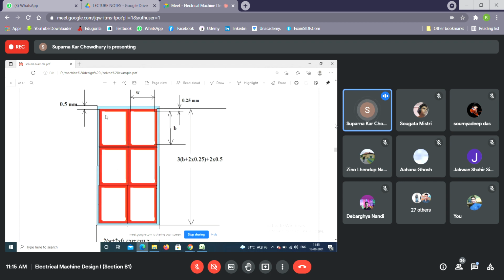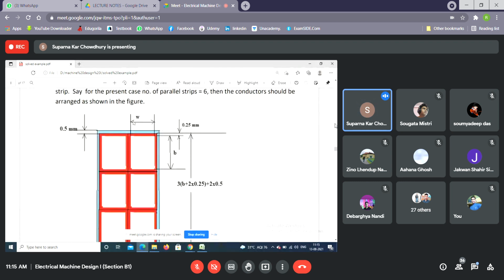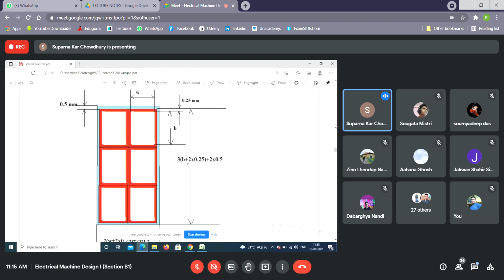So when we calculate the height and width of the composite conductor, here you can see that B is the height of individual conductor, and this W is the width. So I have shown here, this is W and this is B. Now the height of composite conductor will be B plus 2 into 0.25. So 0.25 is the thickness of this paper insulation. So B plus 2 into 0.25.